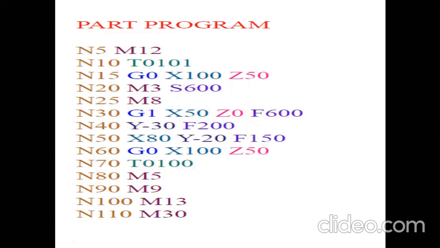Now on the next line, N20 M3 S600. What does this M3 represent? Again it is a miscellaneous function, so we have to start the spindle to carry out the operation. M3 starts the spindle in the clockwise direction, and we have to provide the spindle speed, its RPM, which is S600.